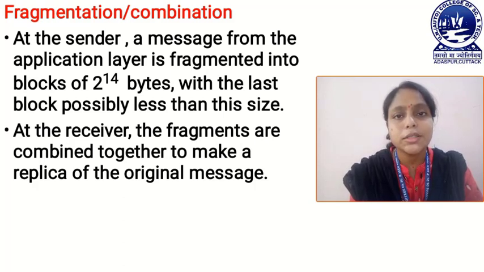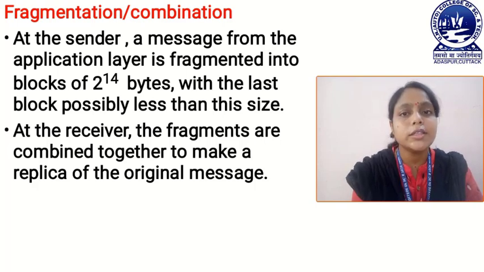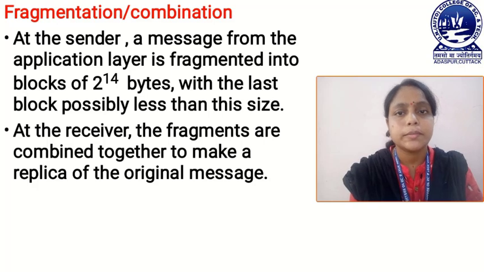But at the receiver side, these fragmented messages are combined to form the original message. This is all about the fragmentation and combination process which happens at the sender side and the receiver side respectively.